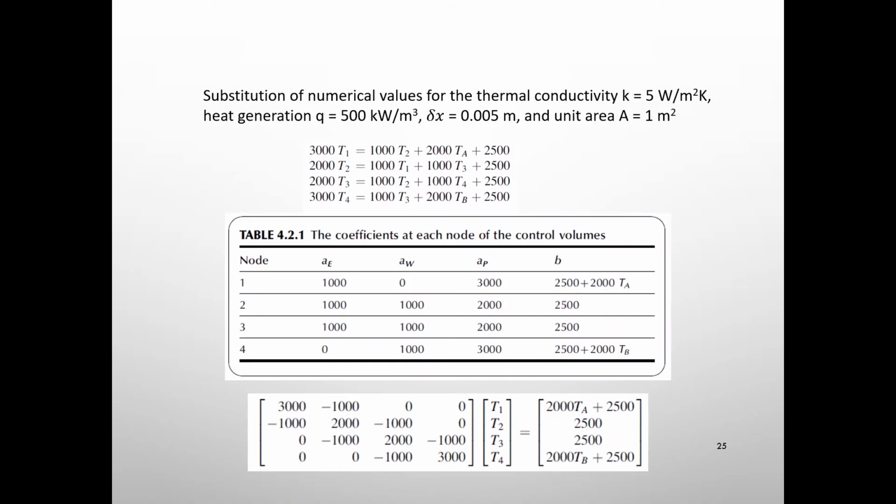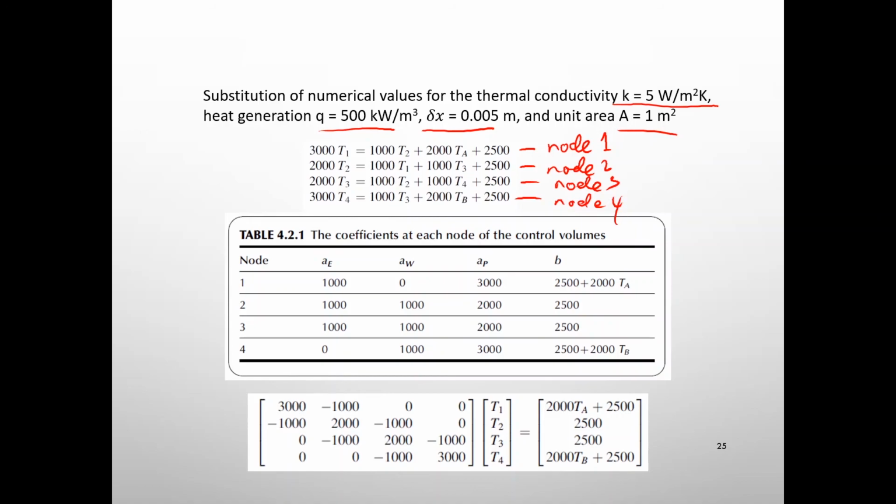Then we can just substitute the values given, which are K equals 5, Q equals this, del x equals 0.005, and area equals 1. By substituting into all those 4 equations, this is what you get. This is the one obtained from node 1, this from node 2, this from node 3, and this from node 4, the one that we just derived before.